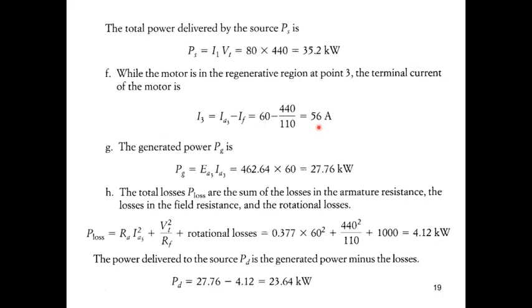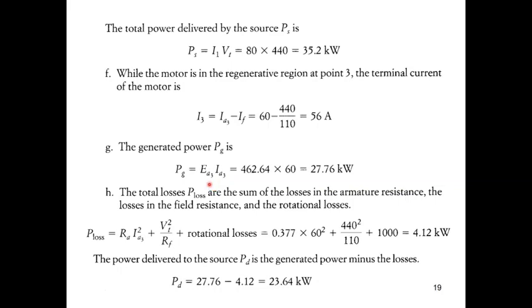Next, it's required to calculate the generated power by the generator. Generated power means the power at the generated voltage, which is the gap power before the losses of the machine.